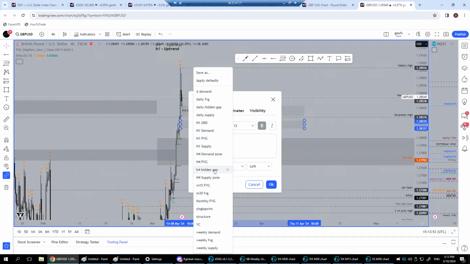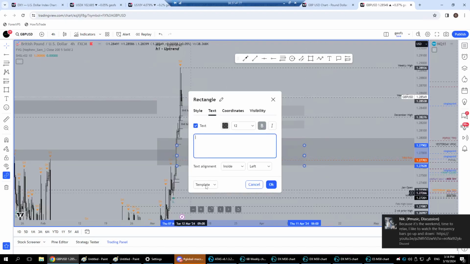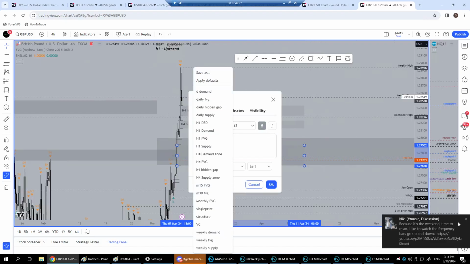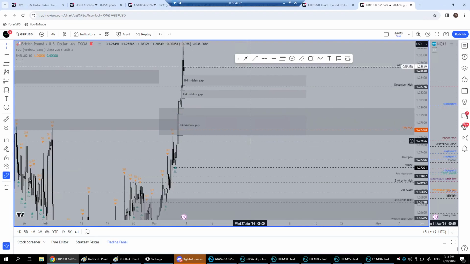Where did I put that? Okay. I've forgotten what this zone is.